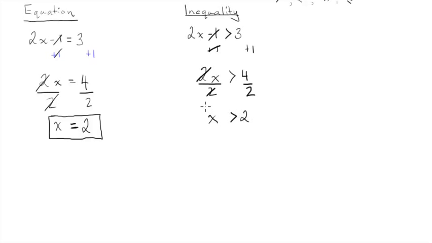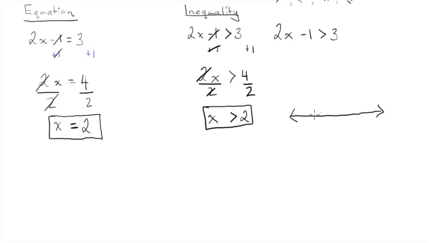Notice that our solution is itself an inequality, meaning there are multiple values of x which will make the original inequality true. Remember, the original inequality is 2x minus 1 is bigger than 3. So any number bigger than 2, if I put it in for x, would satisfy this inequality. We get a whole set of numbers. You could think about this solution on the real number line.